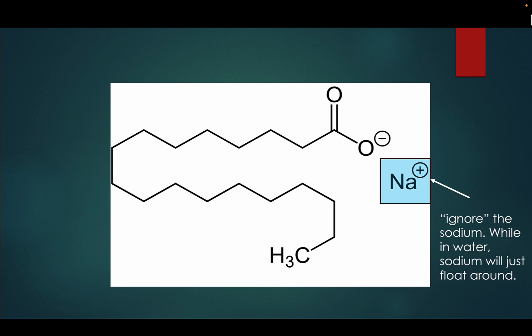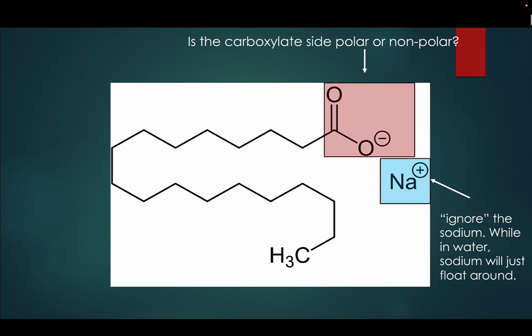Sodium is for the most part relatively inert, and so it's just the leftovers from the sodium hydroxide that's ensuring that this isn't a negatively charged molecule floating around with no balance to it. In short, you can ignore it. It's not going to participate in this reaction, but it's necessary to show that it's here because we can't just have this soap molecule all by itself with no positive counterbalance.